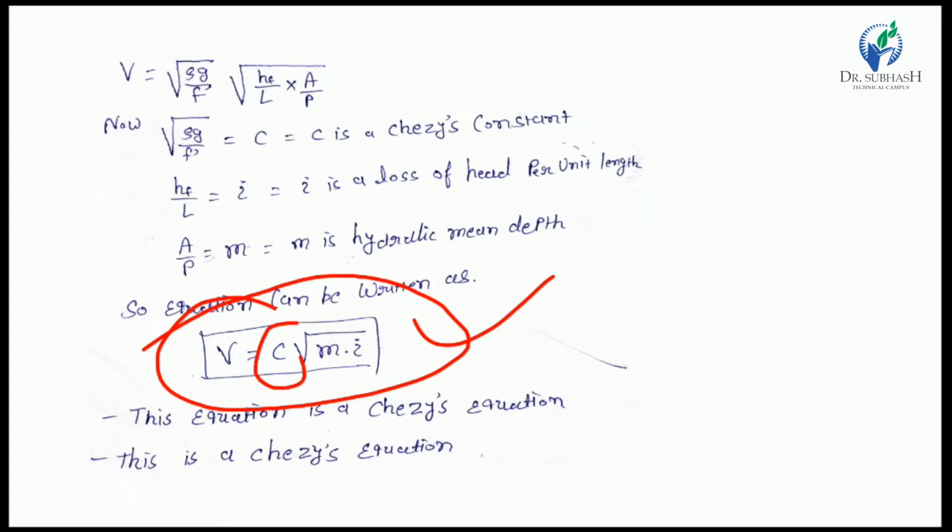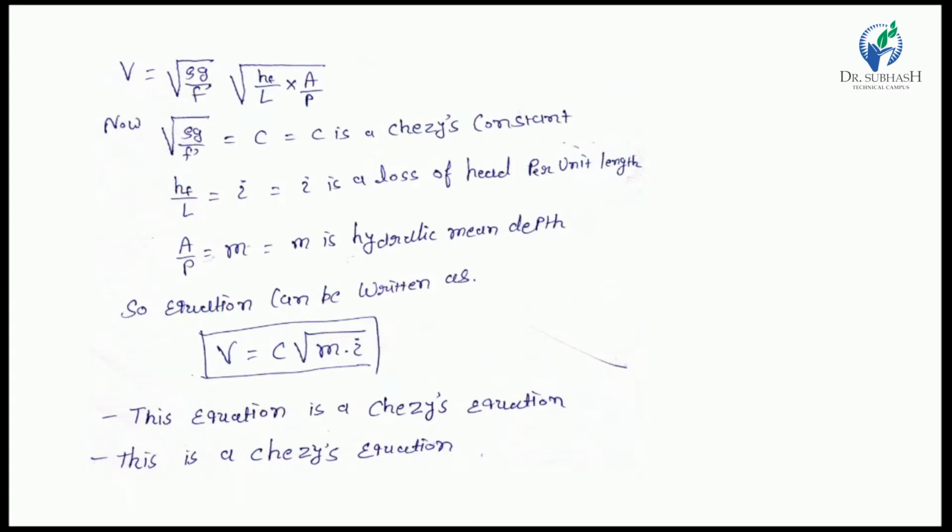Here C is the Chezy constant, and it is found through under root rho g upon F dash. I is the loss of head per unit length, HF upon L, and m is the hydraulic mean depth, the ratio of cross section area upon perimeter.